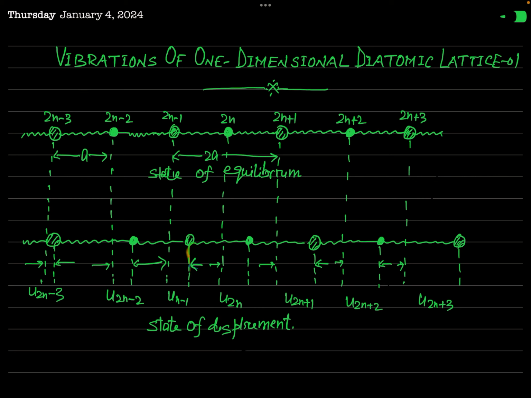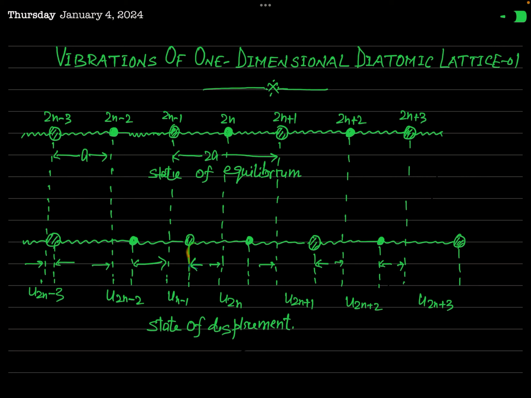And then in the second part of this lecture, which will be provided further, we will actually discuss that result. So now let us see how we can write the equation of motion and how we can solve that equation of motion to get the frequency of the vibration of the lattice.